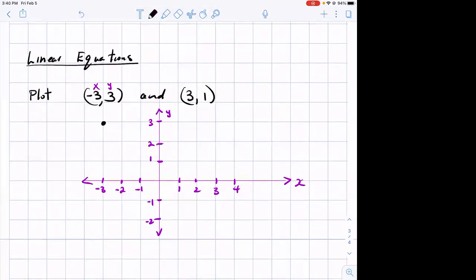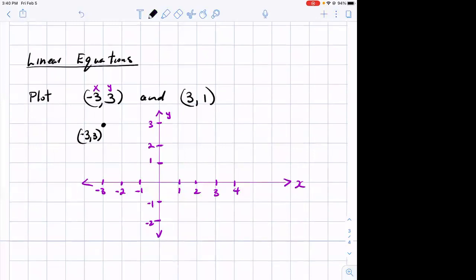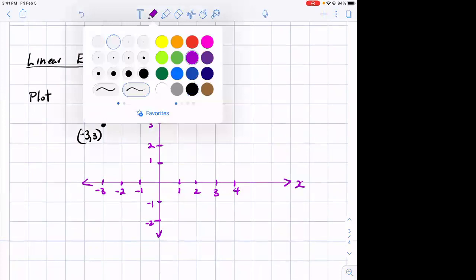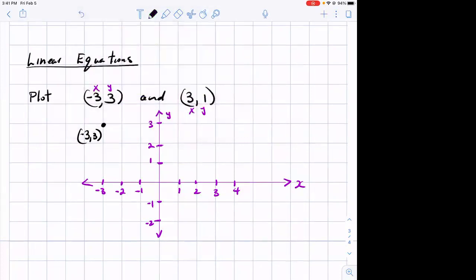So this is the point here, -3, 3. Then same idea for the next, this is x and it's y, so x is now 3 and y goes up 1, so here is the point 3, 1.